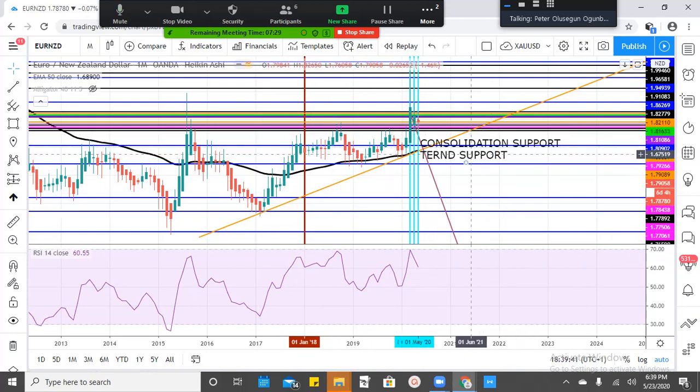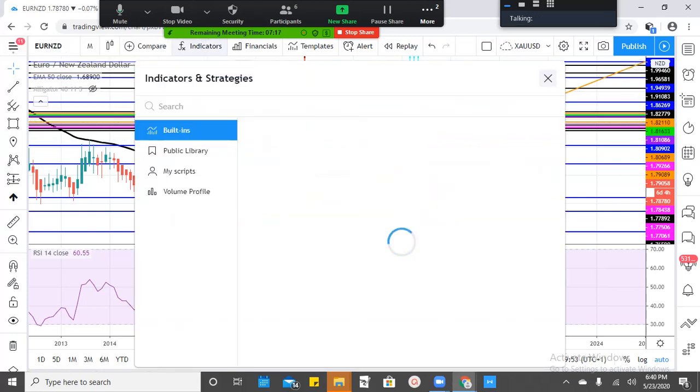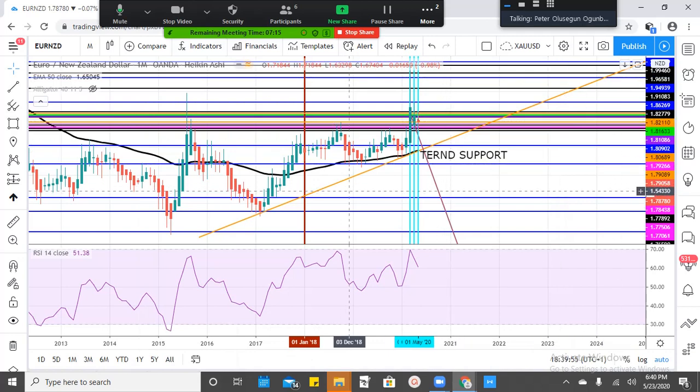This is the trend support. Let me remove this. This is the trend support in yellow. You can see this buy on the month.